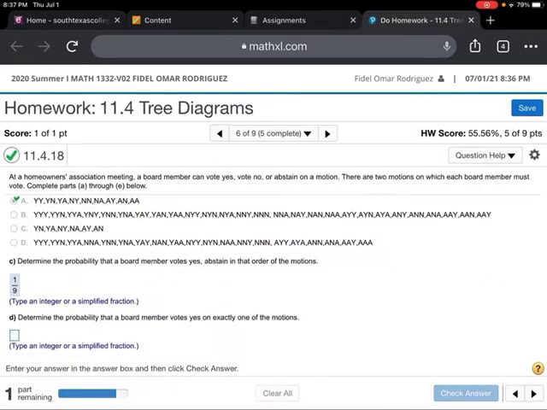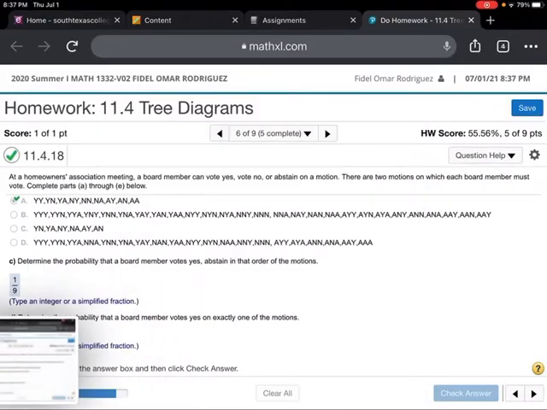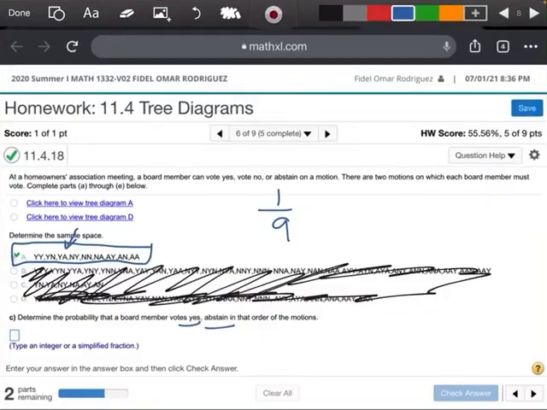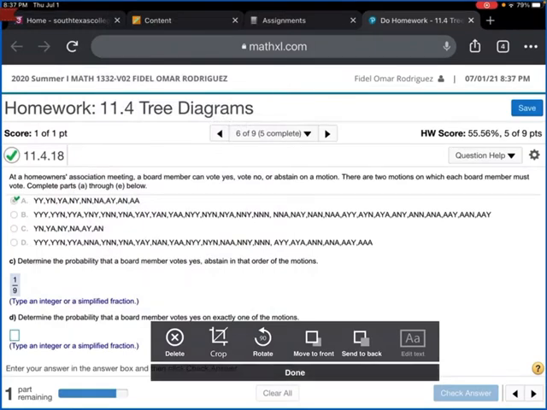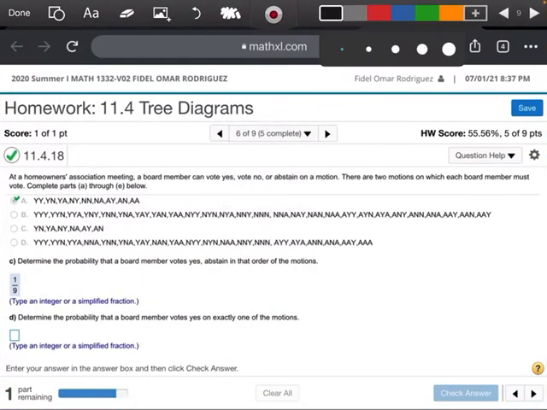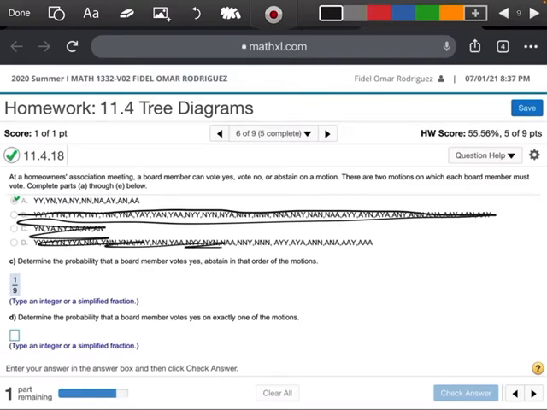Okay. And then part D says, determine the probability that a board member votes yes on exactly one of the motions. Okay, so I'm back over here, and let me pull up my picture again. Here we go. We got it. And again, I'm going to scratch out all this business because I don't need it, right? Okay.